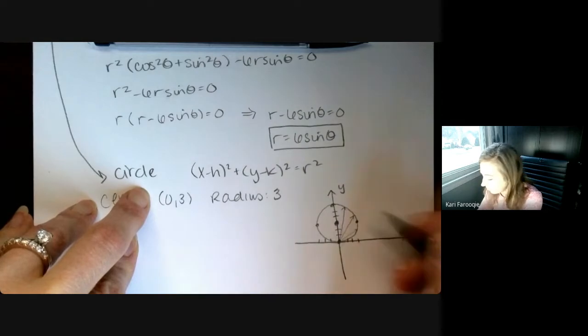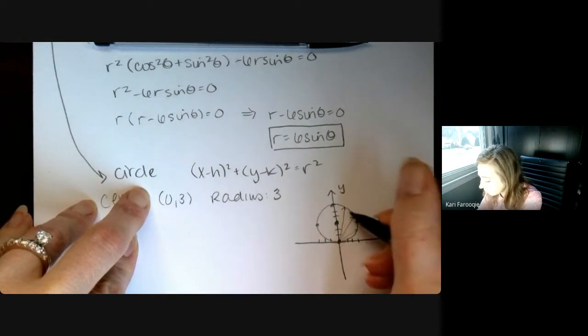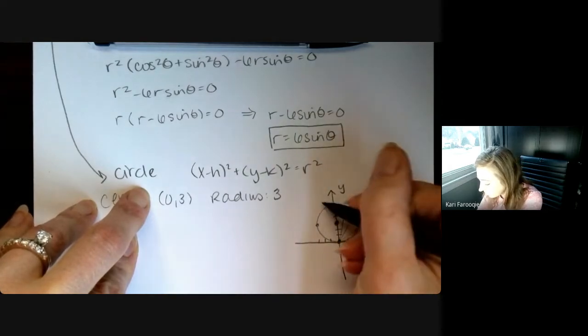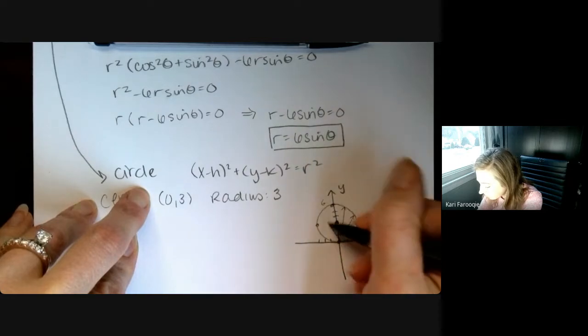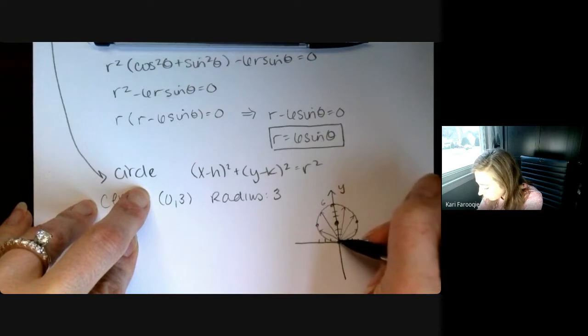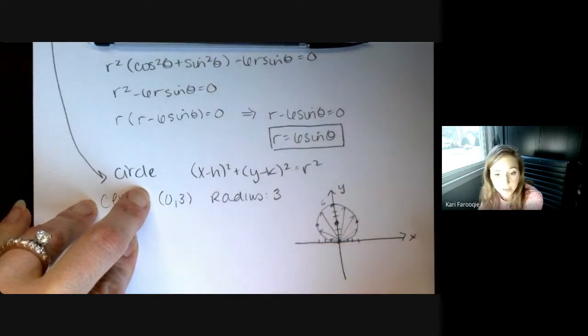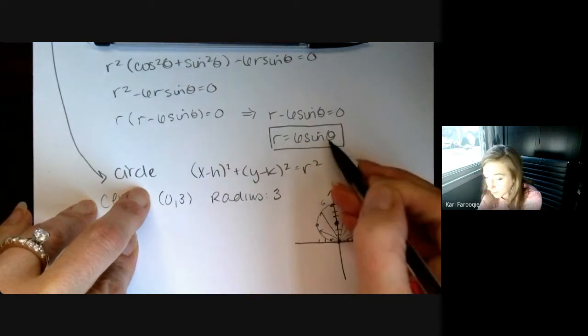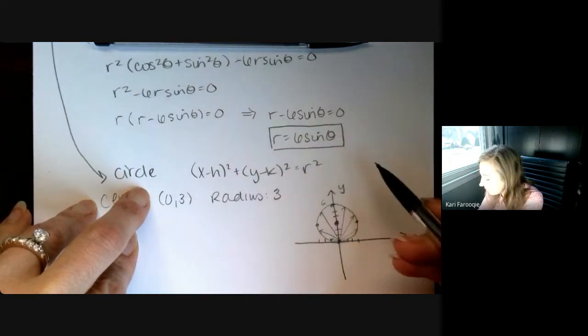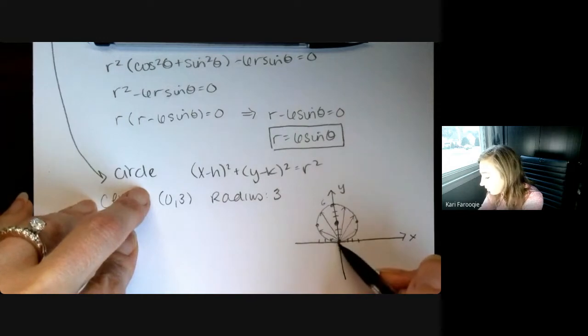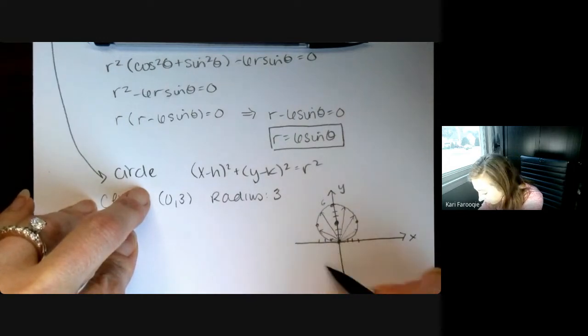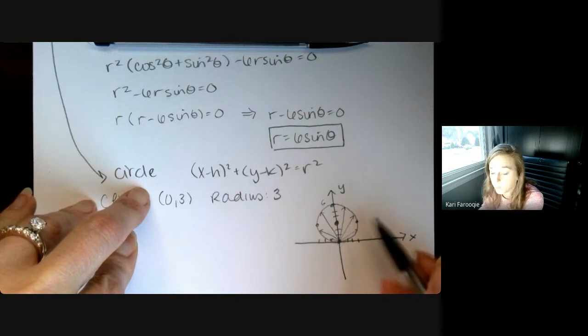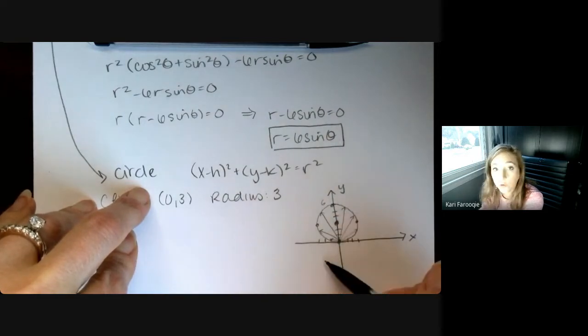These are all angles theta that work their way through, and the radius gets larger up until it gets to 6. Then these radial lines get smaller and smaller as you work your way down. Once you get to pi, the radius is 0, as you would expect. If you go past pi, your radius values will become negative because we know that sine is negative in quadrants 3 and 4.